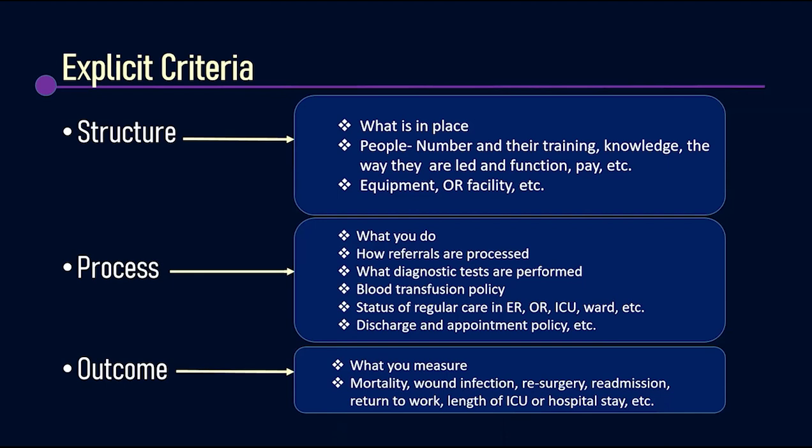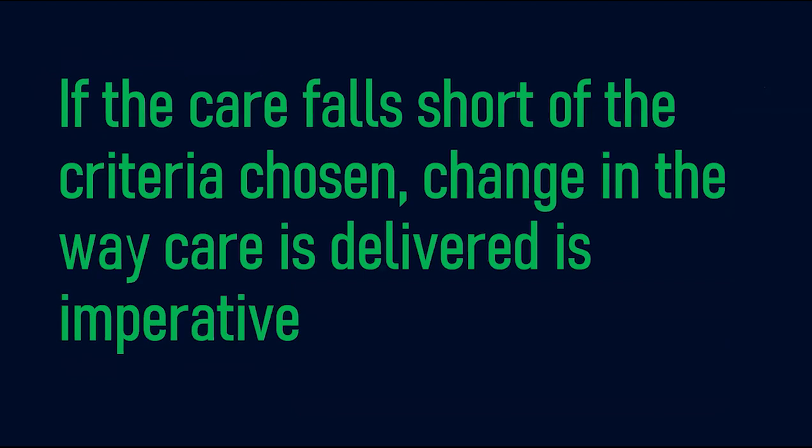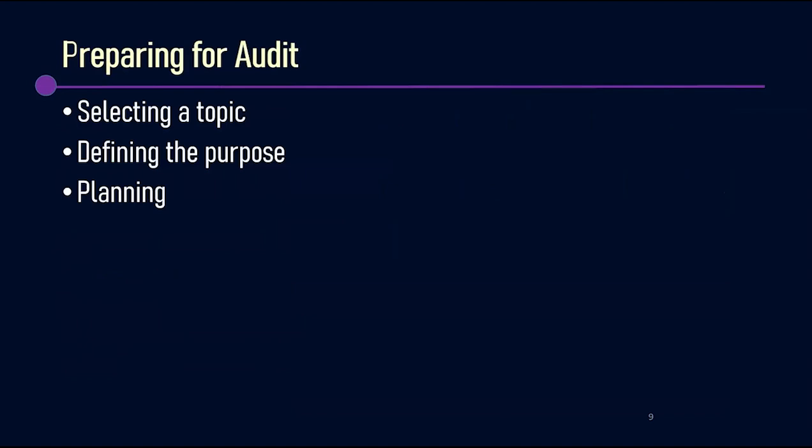All these things are the metrics by which you measure the outcome of your care. So these are the three explicit criteria that should be remembered, and if there is any deficit here, we can always work on correcting it. If the care falls short of the criteria chosen, a change in the way care is delivered is imperative. This is an obvious statement, but it doesn't always happen.